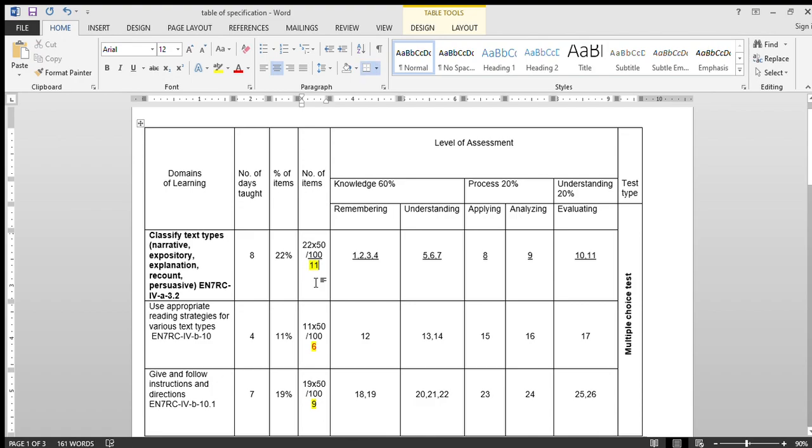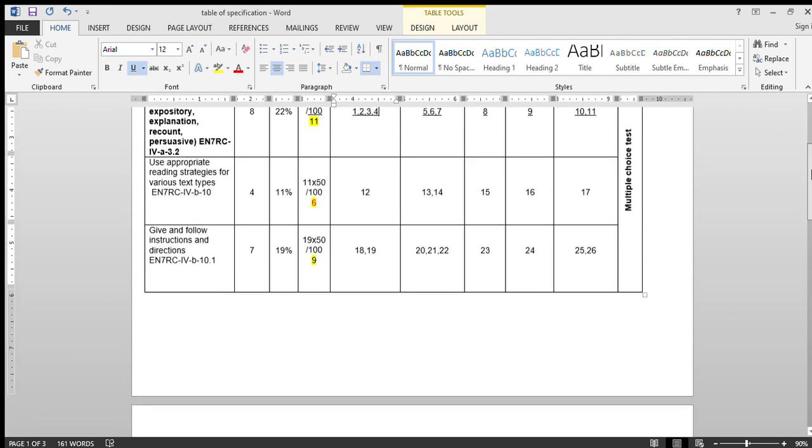Okay, now we have to count our test items for this competency. It should equal 11. So 1, 2, 3, 4, 5, 6, 7, 8, 9, 10, 11. So it's correct. We have the 11 test questions for this competency.